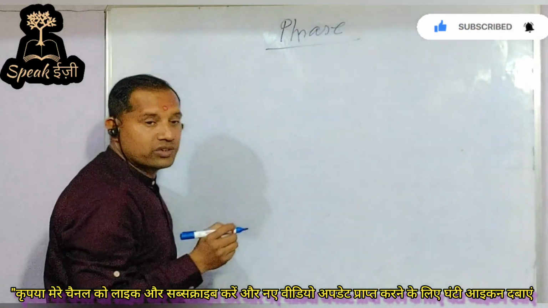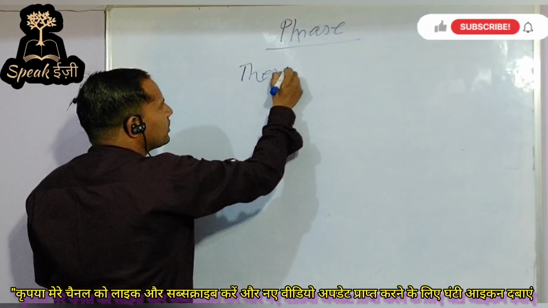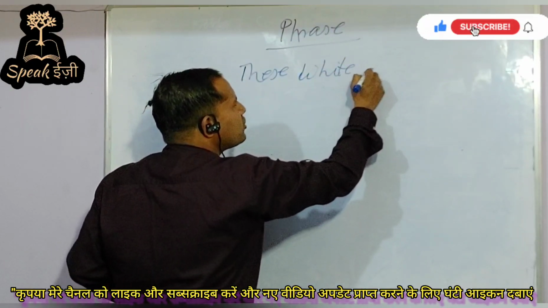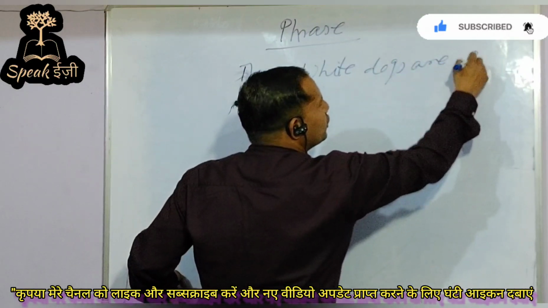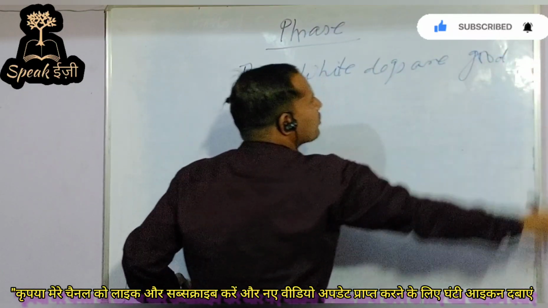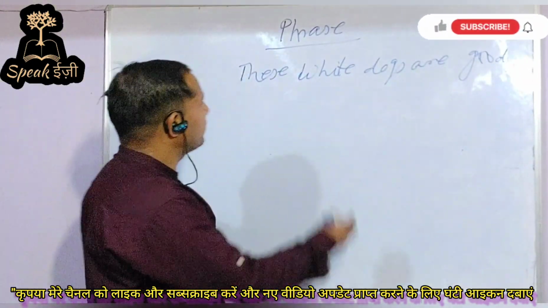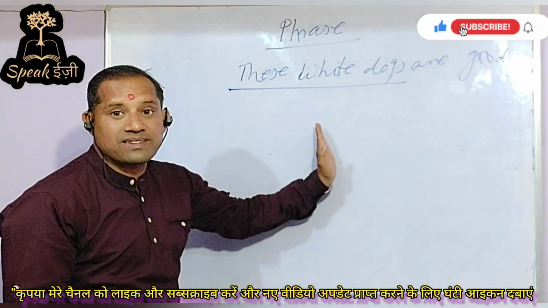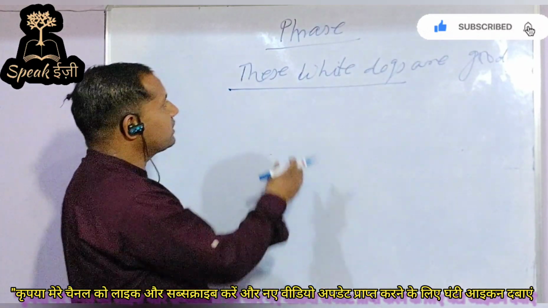So, phrase, suppose I write, these white dogs are good. These white dogs are good. If you see this sentence, the subject of this sentence, these white dogs, is constructed with 3 words.